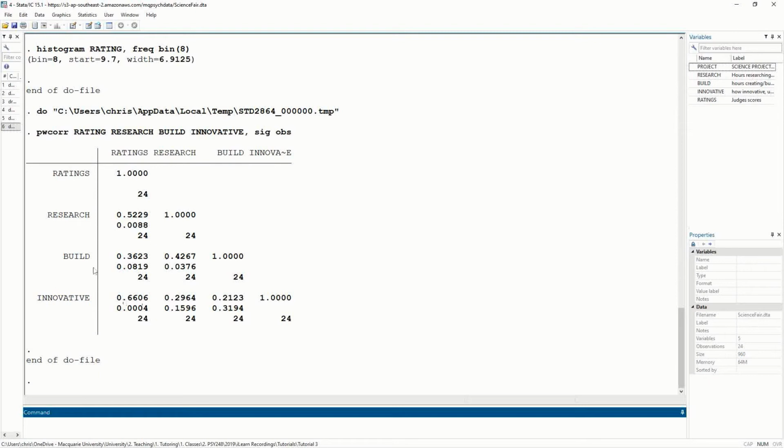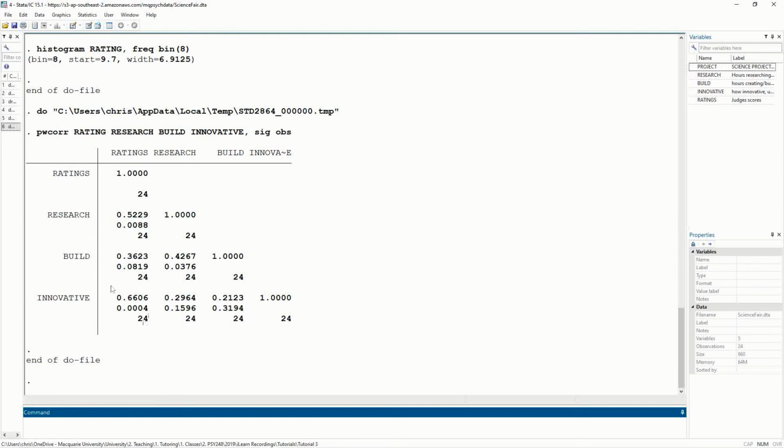If we look at build, there is a weak, positive relationship between build and ratings, but it's non-significant. Our p-value is above 0.05. So despite the fact that generally speaking, as ratings go up, so does the time the student spent building the project, it's not actually a significant predictor of ratings.